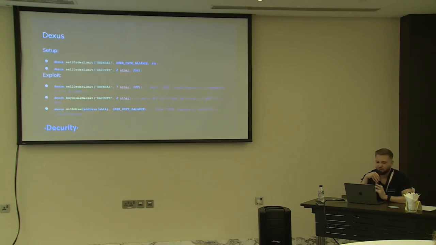So let's look at how it could be exploited. In setup we had two orders, one large order and another small one. And in this setup, a player has a small balance so that he cannot fill the big order. The sequence of actions from the player should include three steps.